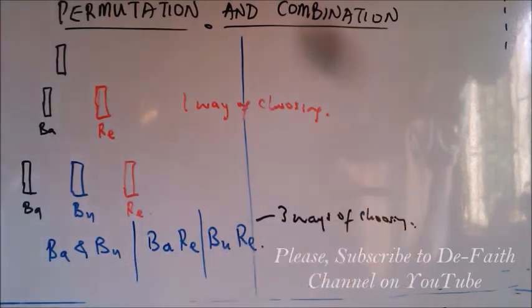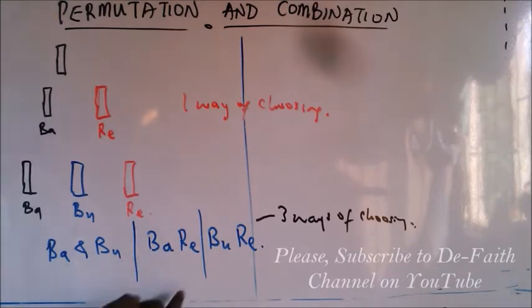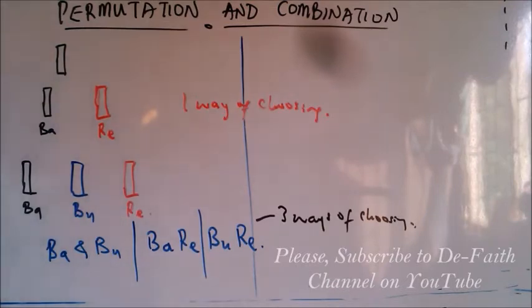So take note that if you have blue coming first and then black coming second, it is the same thing as saying black and blue. If you say black and red, it's the same as saying red and black. If you say blue and red, it's the same as saying red and blue. Now with this particular arrangement, where we have more than 3, then it may become complicated.